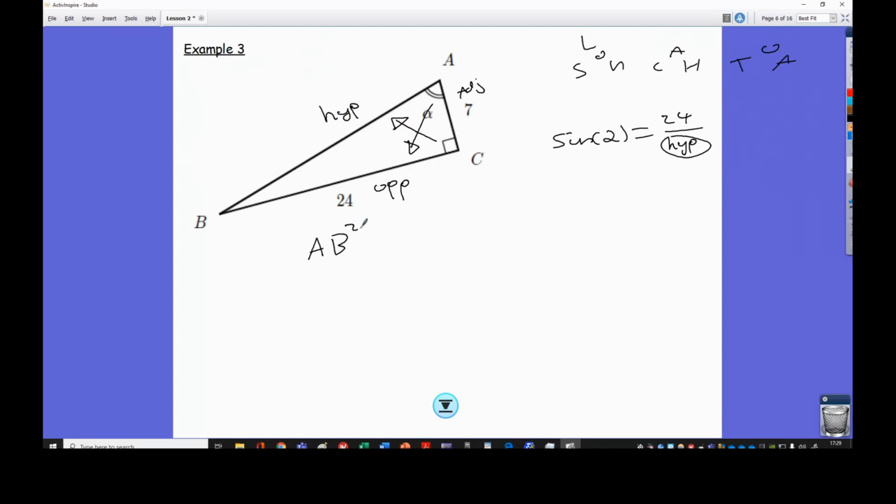So the square of the hypotenuse, so AB squared, is equal to the sum of the squares of the two smaller sides. So I could say AB squared equals BC squared plus AC squared. Or probably better to write like this, AC squared, that's just this side here, this 7 squared, plus BC squared.